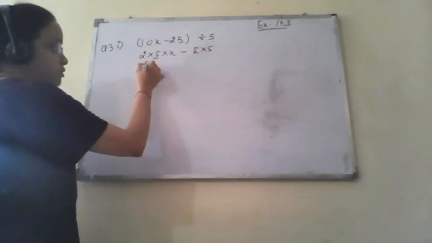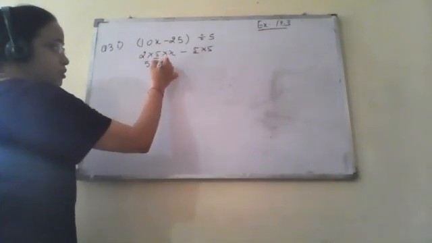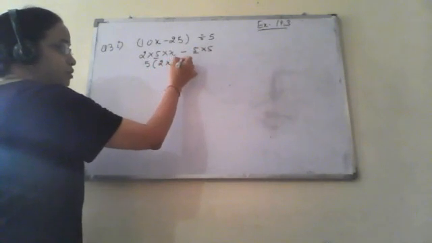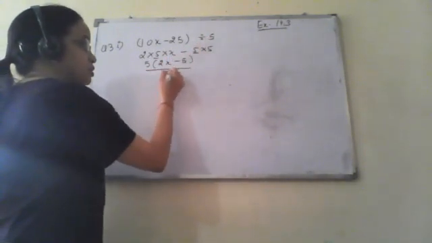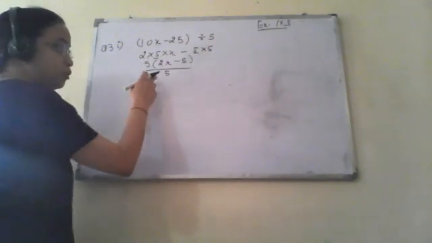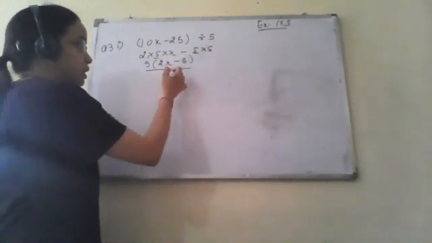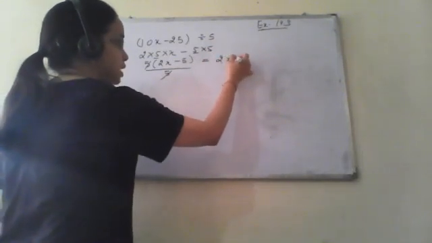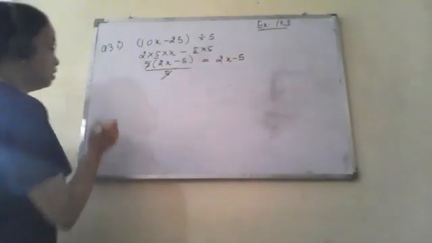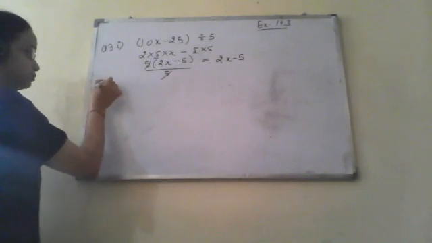We can take this 5 outside. This is 2 into x left and 1 5. Now we have to divide this expression by 5. Since 5 is common to both numerator and denominator, it will get cancelled and the result after division is 2x minus 5.